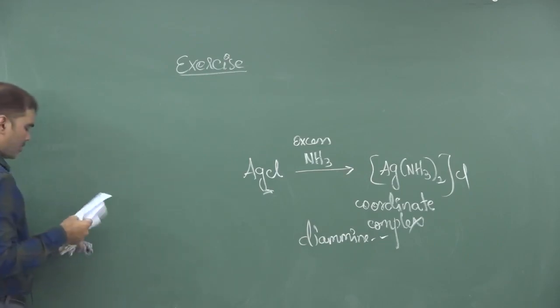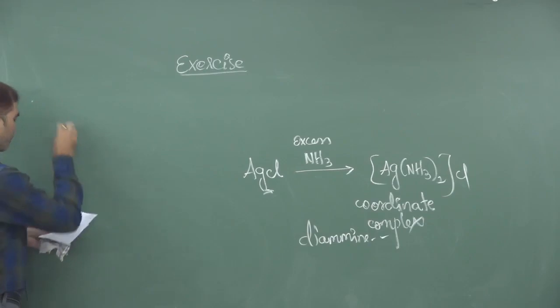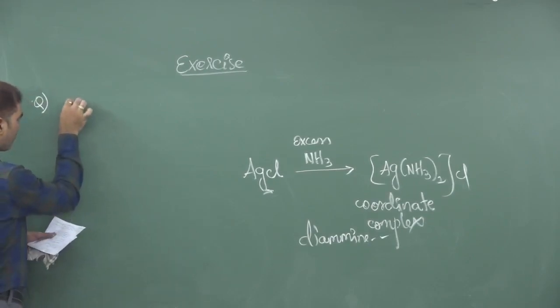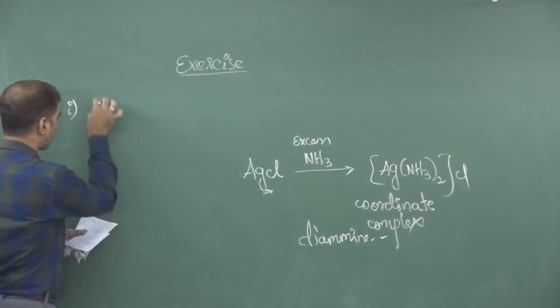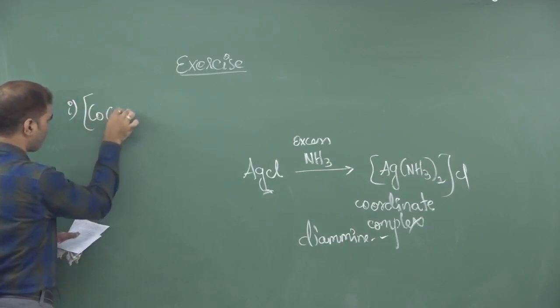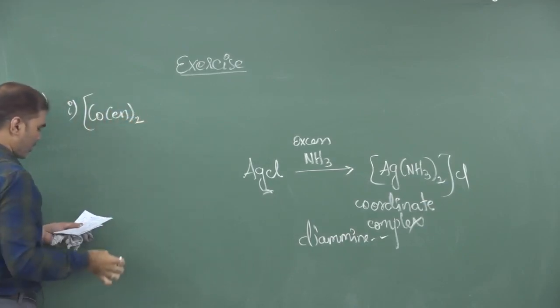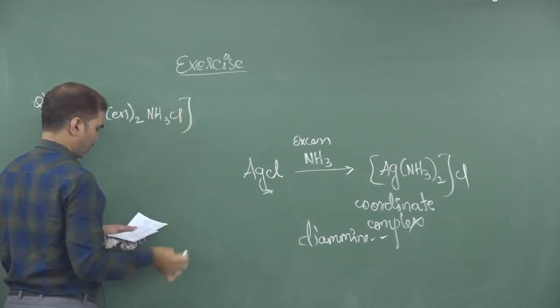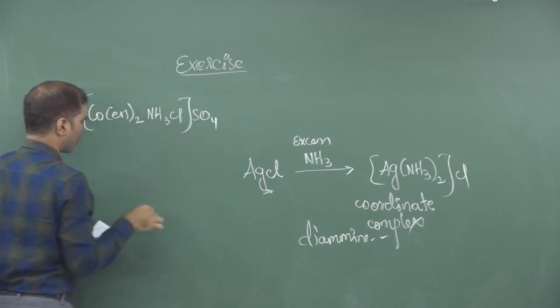Okay, next question. Now you have to think a little more, because there are multiple options. I am giving it here: [Co(en)2(NH3)Cl]SO4.